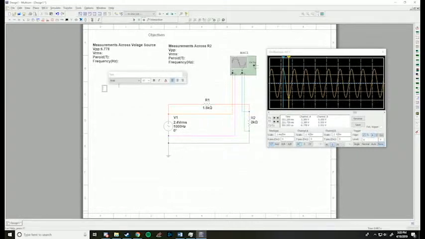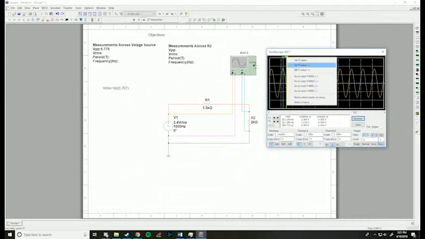VRMS is done by a formula, and that formula is, I'll write it down here. VRMS equals voltage peak times 0.707. Now to find our voltage peak, we just bring this to about 0.